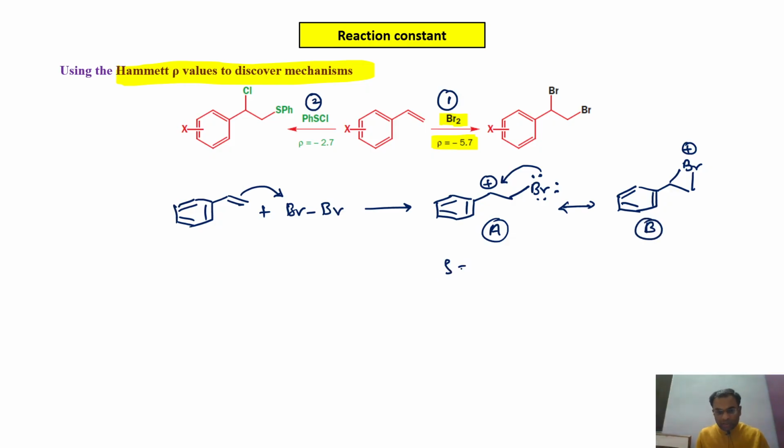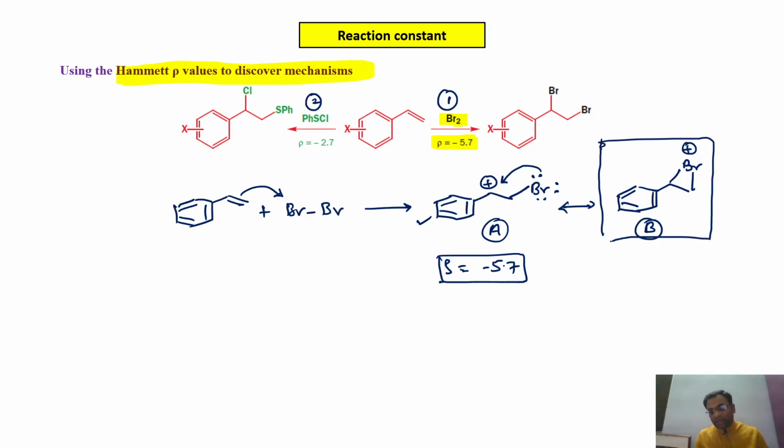But as we have a moderate, or you can say large, negative rho value, it clearly indicates that there is a formation of carbocation. If no such carbocation formation took place, then the rho value expected for this intermediate would be between -1 and -3.